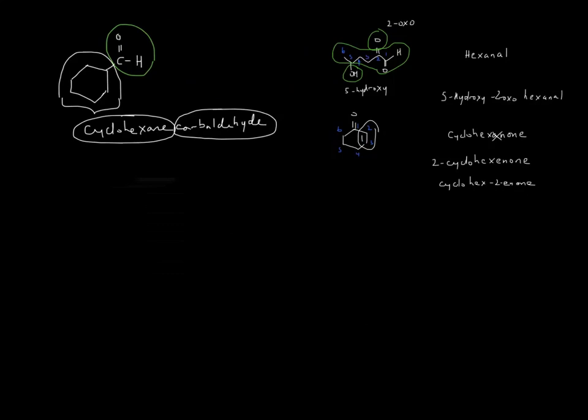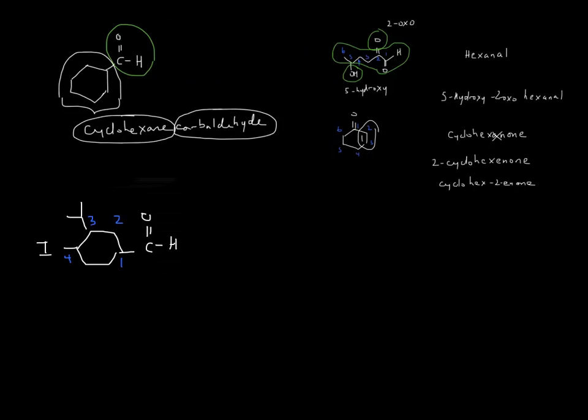Here's a little bit of a trickier example. What if I had something like this guy? See if you can name that one. In this case, we have to number it 1, 2, 3, 4. We would want to start at number 1 because that would be our carbaldehyde.